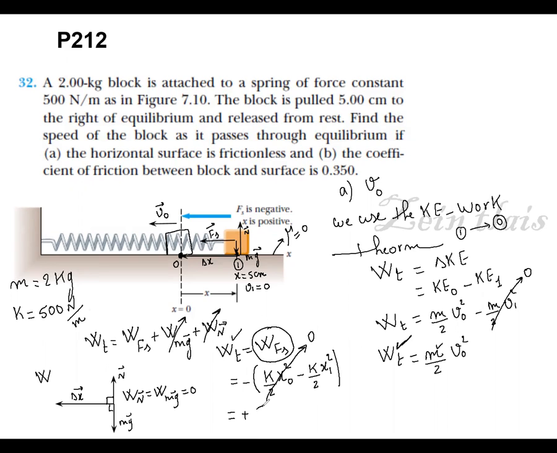K equals 500 divided by 2, x1 equals 5 times 10 power minus 2. You have to put it in meter squared.